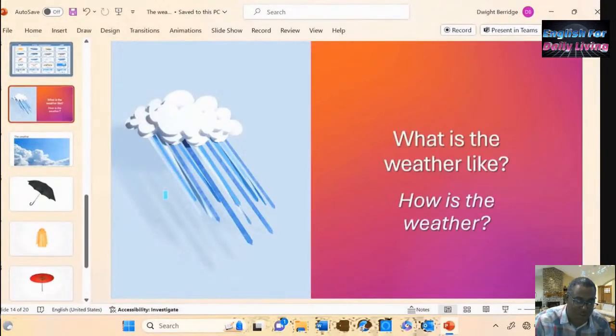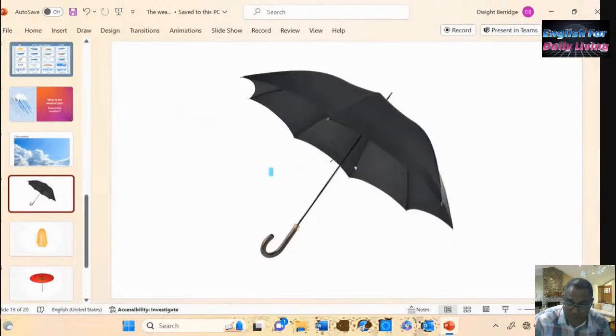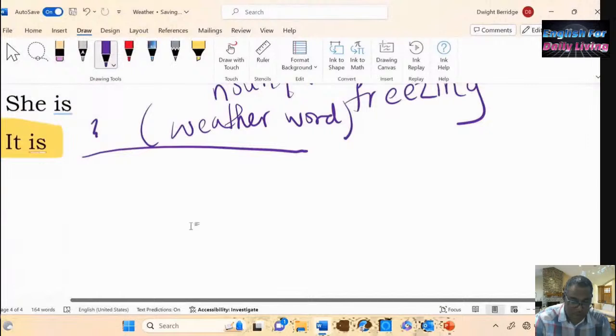Now, as we wrap up today's edition, let's look at some vocabulary. These are some apparatus or items, things that we use for various weather conditions. This is called an umbrella. It's an umbrella.